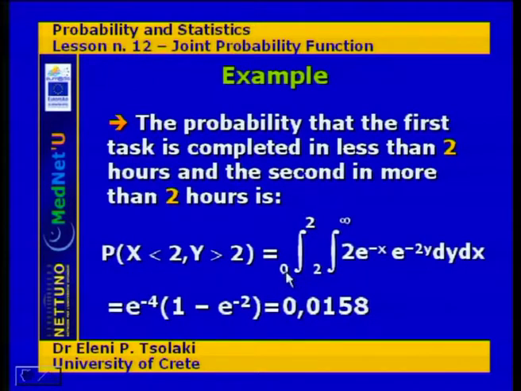Here we have from 0 to 2 as we require that the first task x is completed in less than 2 hours, so between 0 and 2 hours, and the second one that it is completed in more than 2 hours.